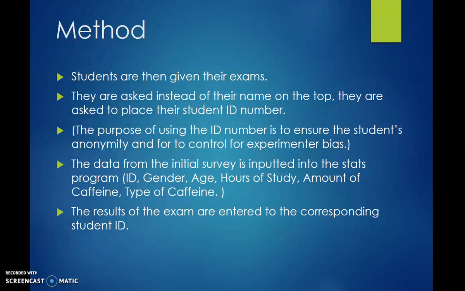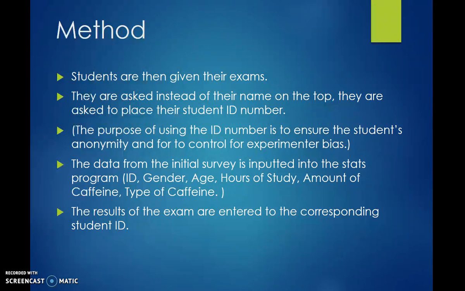So the method. Students are then given the exam, right? And they're asked to put, instead of their name on the top of the exam, their student ID number. Why would I do that? I would do that to keep their anonymity because, once again, ethics mandates that if I'm going to use anything from the individual, it should be anonymous.